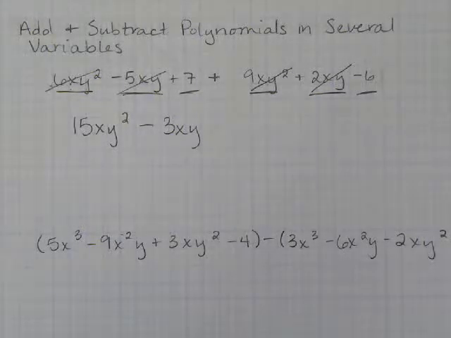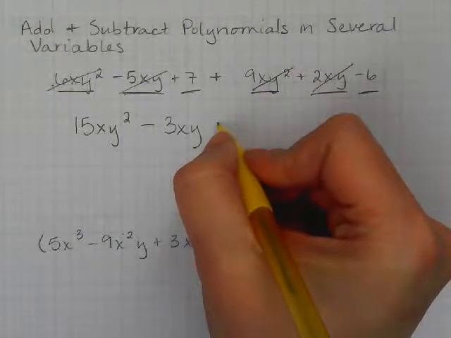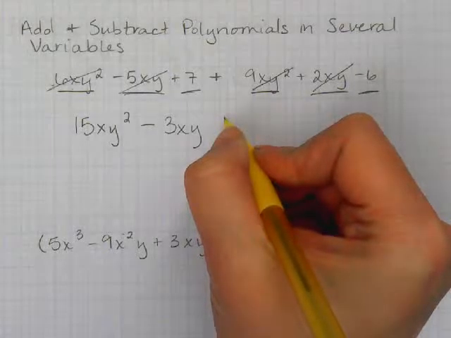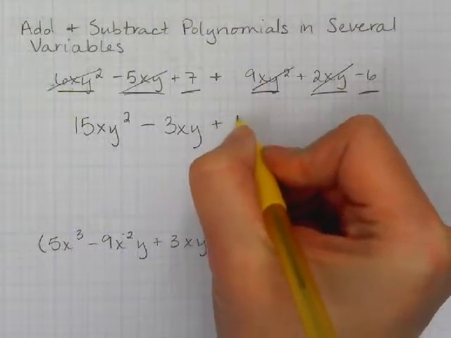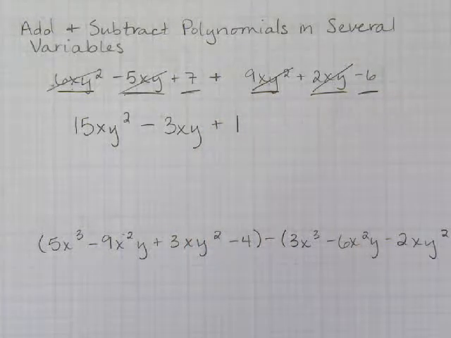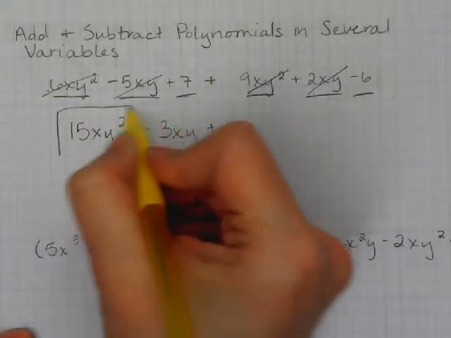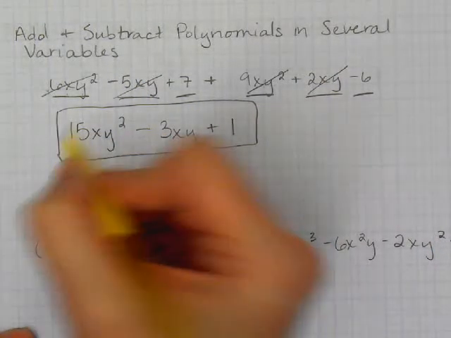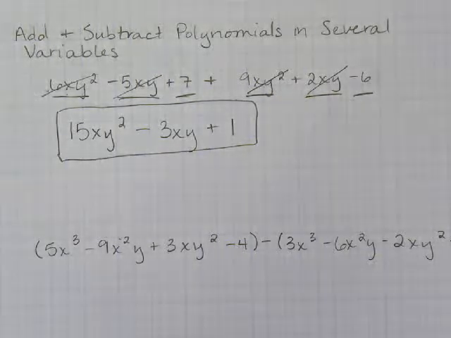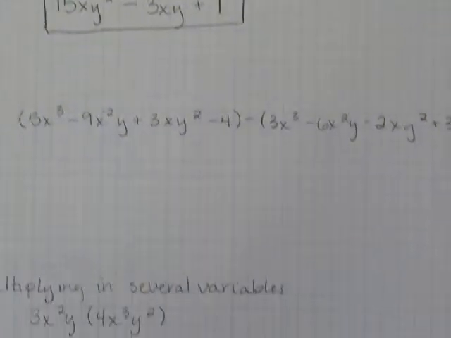Now, subtracting, I apparently have to zoom out a little bit. What do I need to do on this one before I can drop away my parentheses? Because I have a minus here, I have to multiply everything in the second set by negative 1.